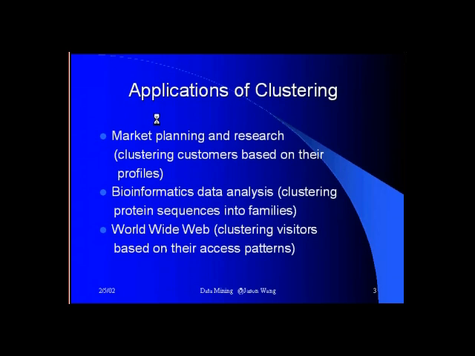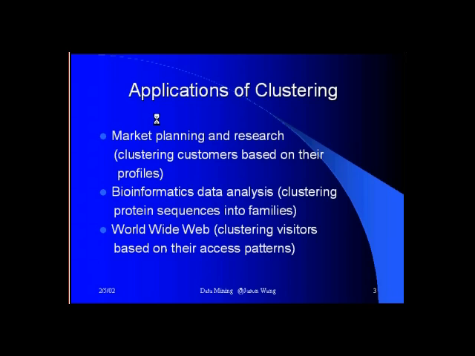World Wide Web application: you can cluster visitors of your website based on their access patterns. I can look at the log. When this person comes, this person always visits my publication web page, so when I have new papers, I can send these papers to this person or this group of people. When this group of people access my website, they always look at the new programs, so these new programs might be interesting to them.